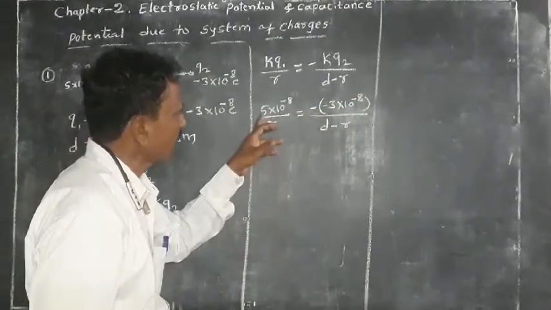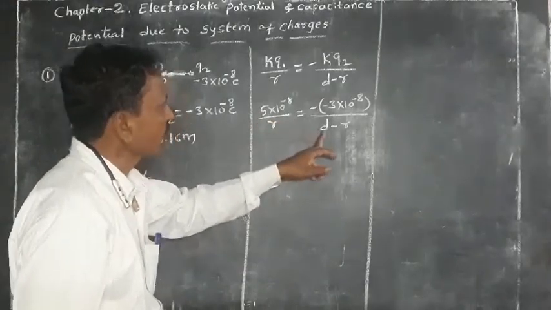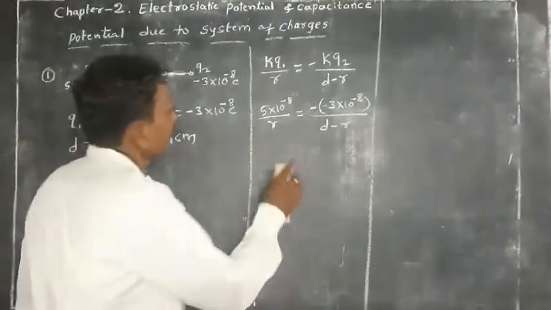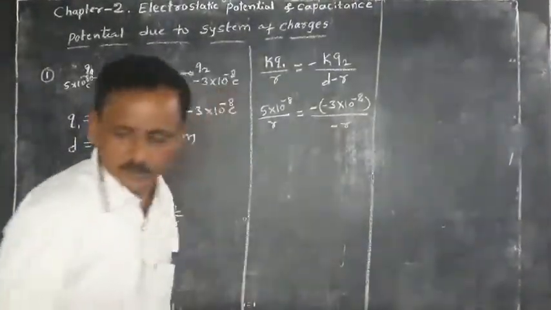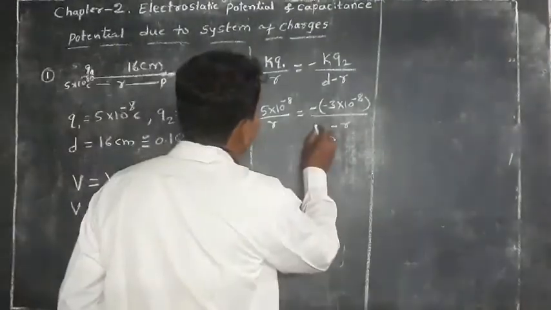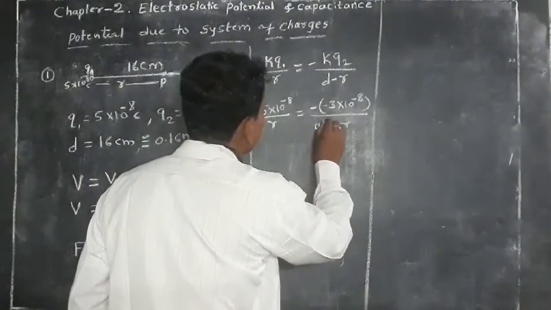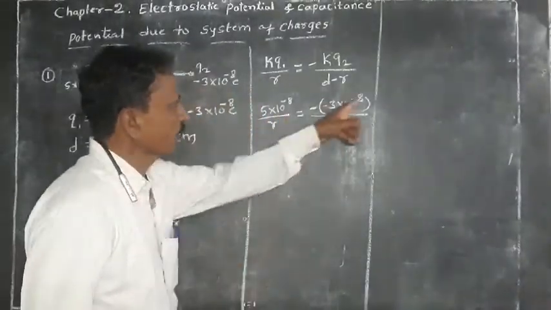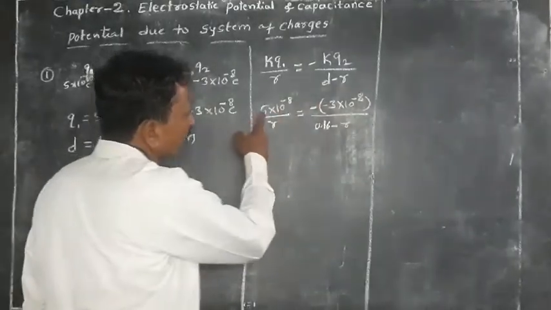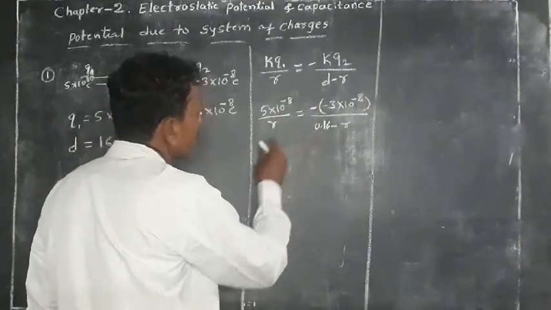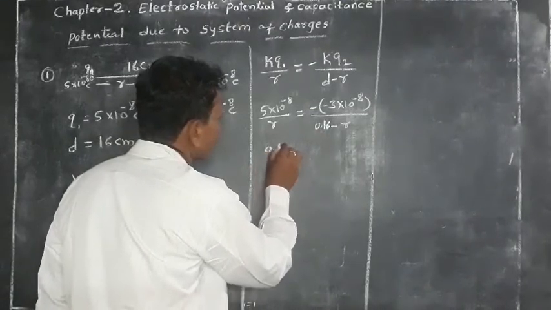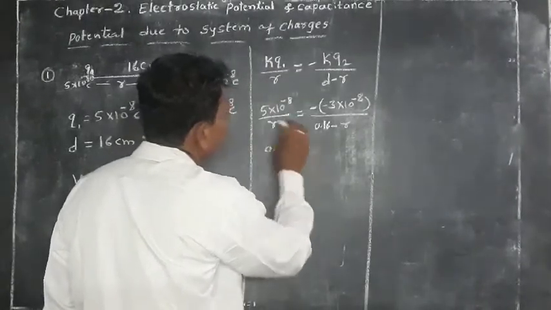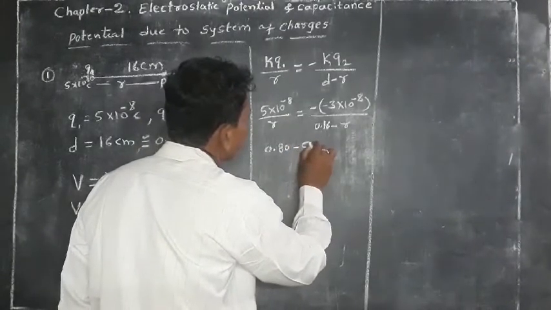Then cross multiplying, 5 into d, but d is given, d equal to 16 centimeter, the distance between two charges, that is equal to 0.16 meter. 5 into 0.16 equal to 0.8, minus 5 into r, 5r.